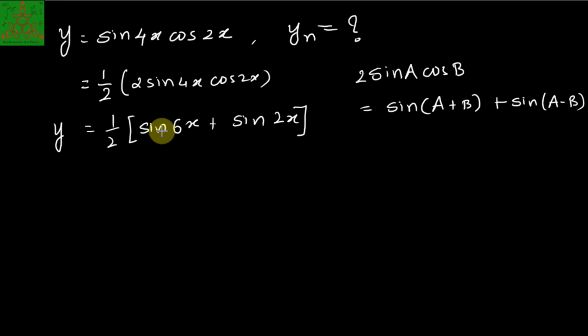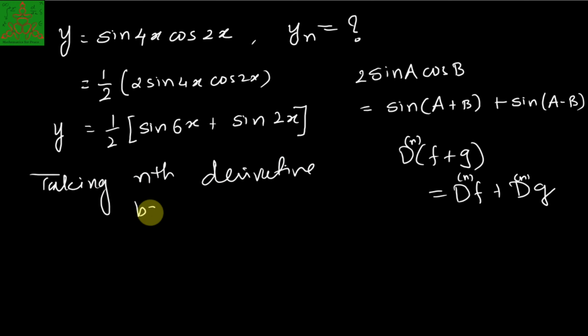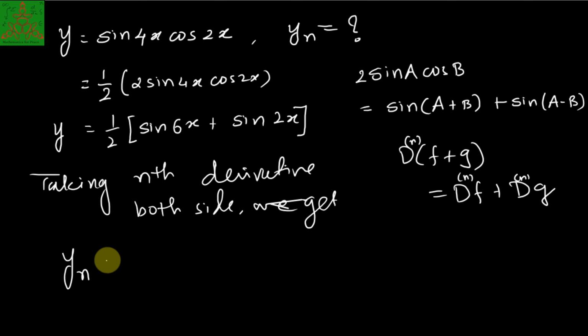Now I am able to apply the nth derivative here, because the derivative is a linear function: the derivative of f plus g is the derivative of f plus the derivative of g, and the same holds for the nth derivative. So taking the nth derivative on both sides, we get yn is 1 by 2.